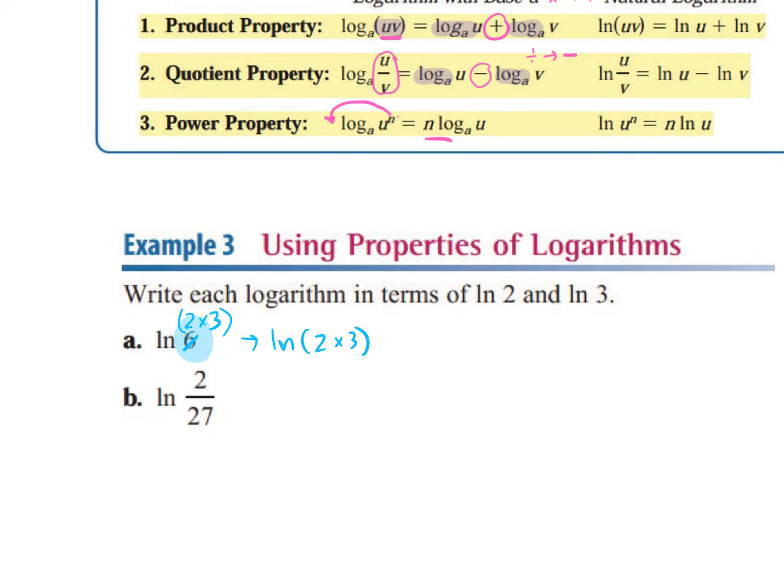So now I can use my product property, and I can split it up with addition. So I can make this ln of 2 plus ln of 3. Every time we break it apart, each number, each term, whatever it may be, gets its own log, or its own ln.